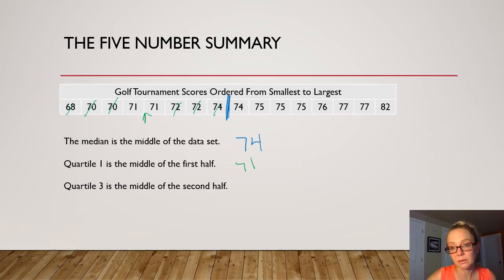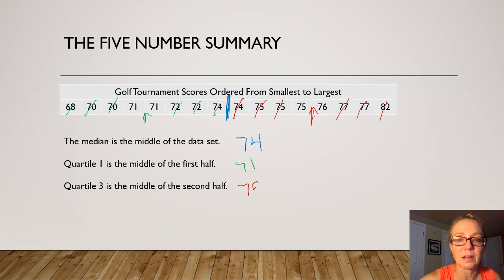Now we're going to find quartile 3, which is the middle of the second half of the data. So I'm going to cross off 74 and 82, 75 and 77, 75 and 77. And the quartile 3, the middle of the second half, is right between 75 and 76. Well, that would be 75.5. So that's how you find a 5-number summary.